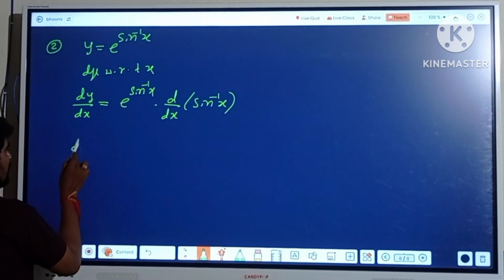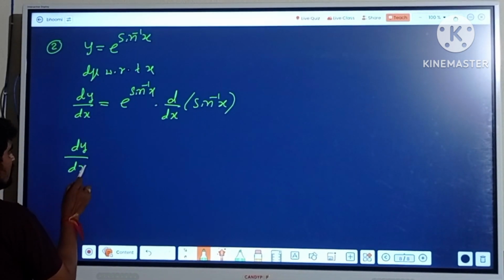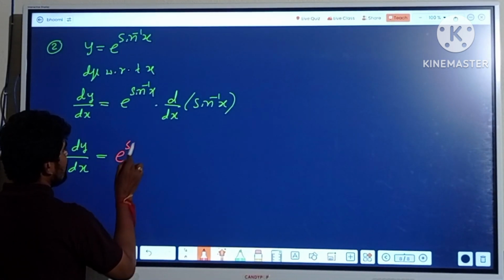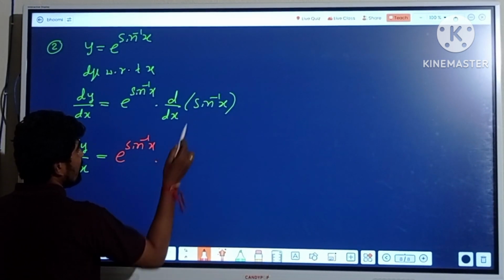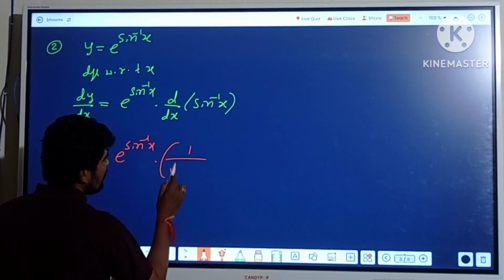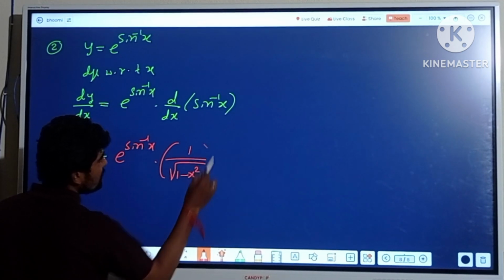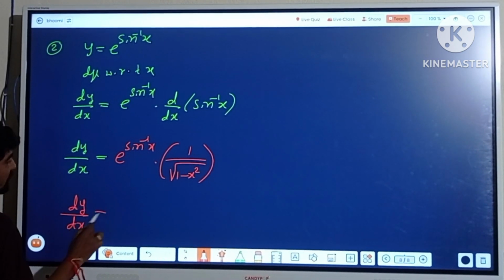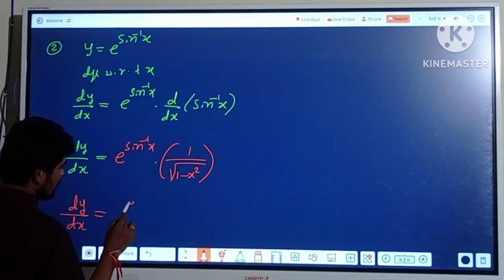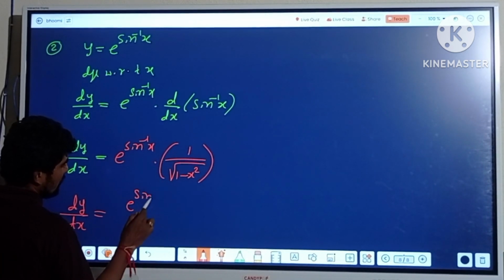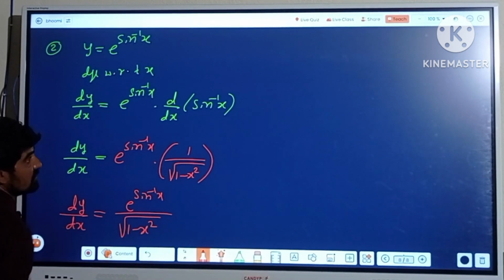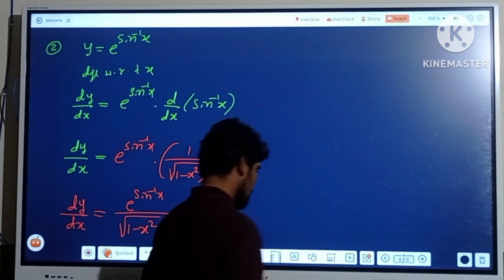So therefore dy by dx is equal to e power sin inverse x as it is into derivative of sin inverse x, which is 1 divided by square root of 1 minus x square. So finally we got dy by dx for the given exponential function is e power sin inverse x divided by square root of 1 minus x square. I hope all of you are understanding.